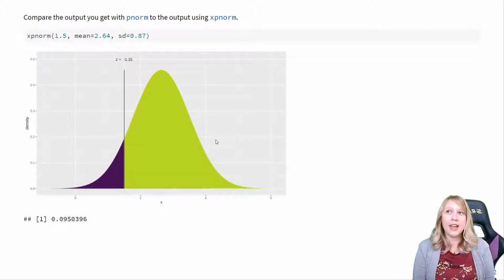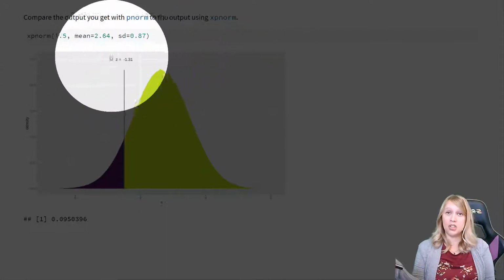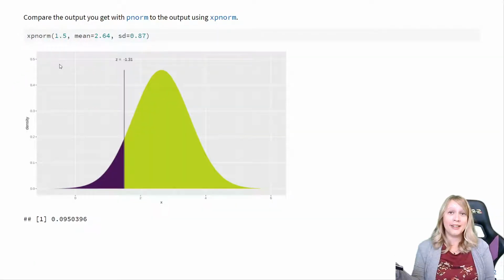Let's take a look at that xpnorm output that we get using the mosaic library. So the xpnorm output is a little bit more informative. The xpnorm inputs look exactly the same. The only thing that has changed here is that we've added an x to this function. Not only are we given the probability up to a point, we're also given a plot of what this normal model might look like, and the area up to the point is shaded in purple.